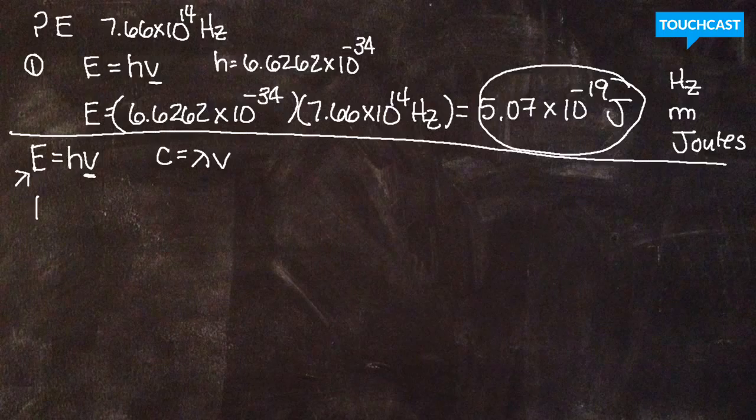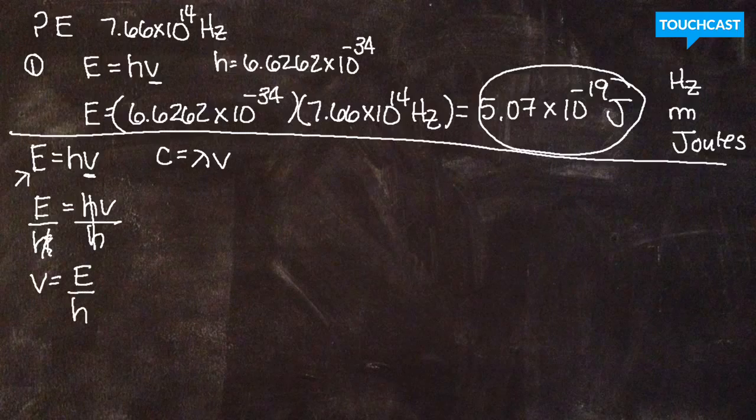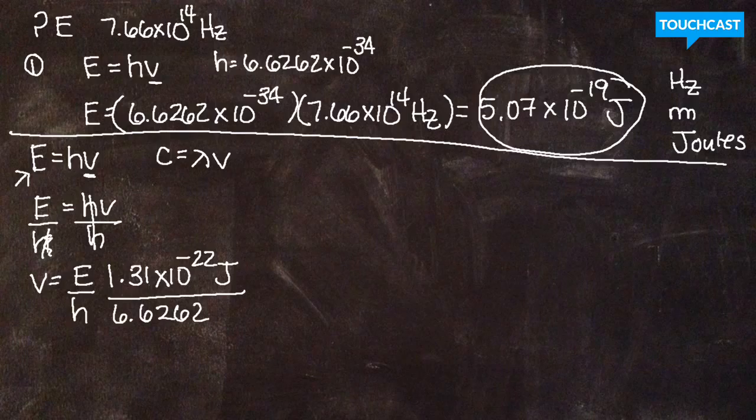So we got to manipulate our equation to get V alone. And that gives us that V equals E divided by H. When we plug that in, our energy that they gave us is 1.31 times 10 to the negative 22nd joules divided by H, which is 6.6262 times 10 to the negative 34th.